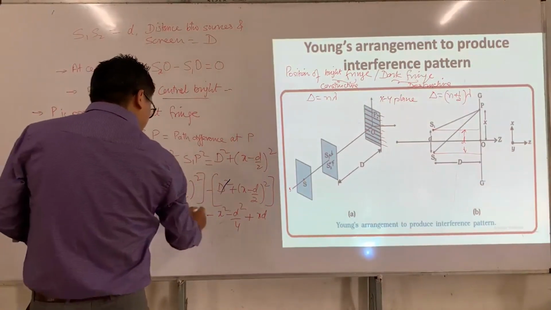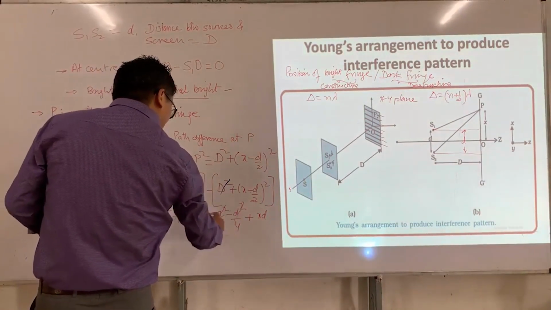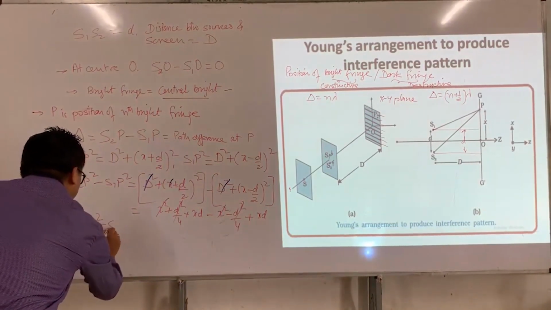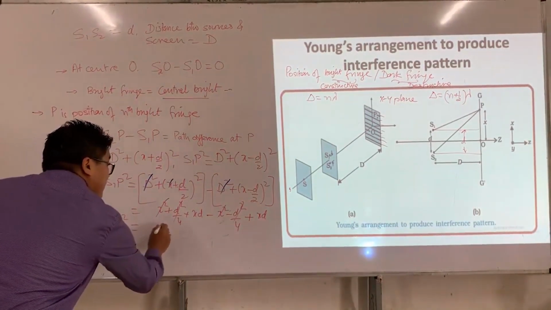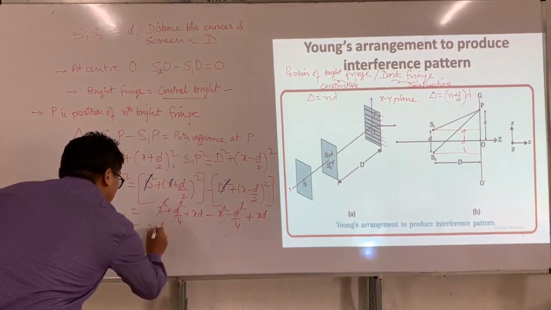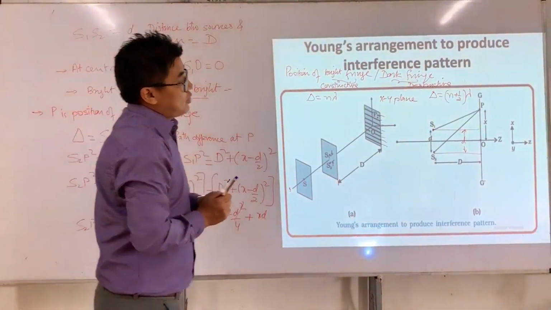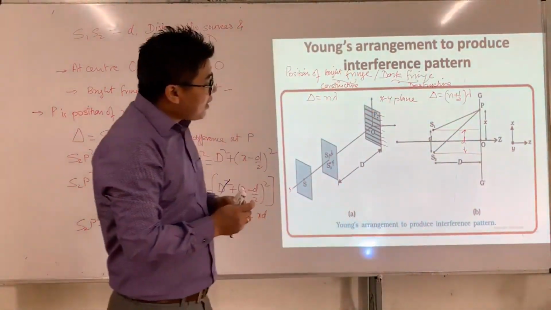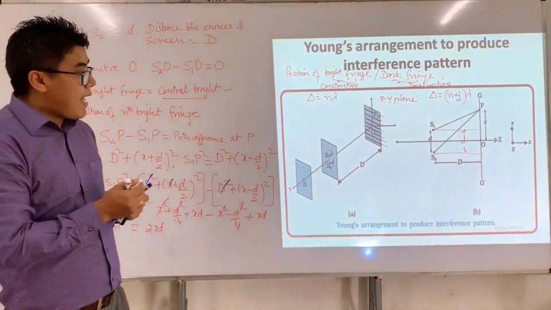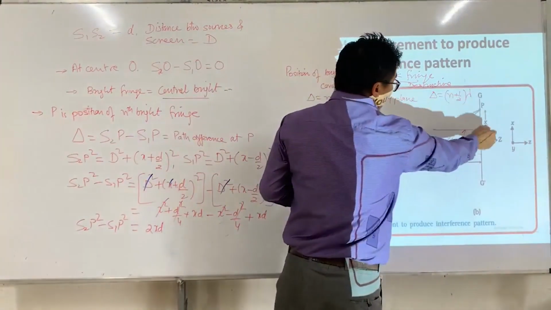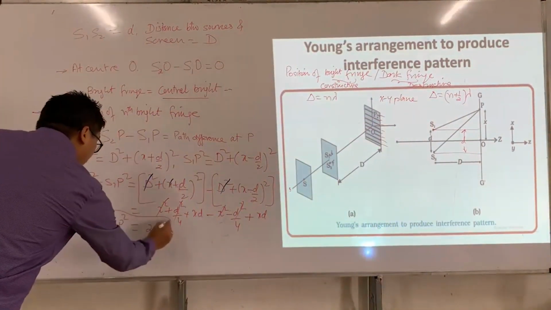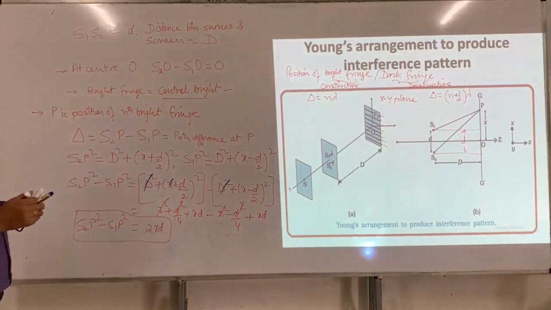So these cancel out, and S2P square minus S1P square is going to be 2xd, where x is the position of P from center O. This is the final equation we obtained.